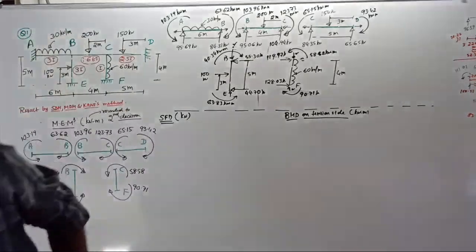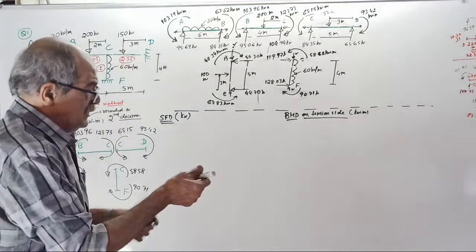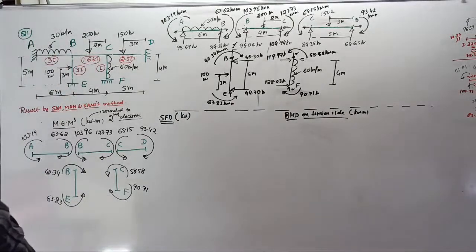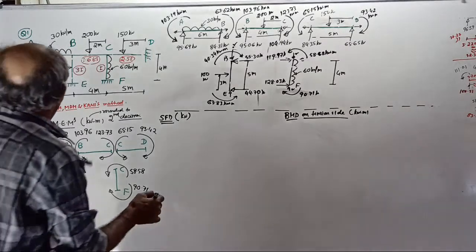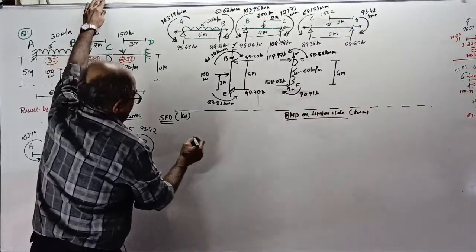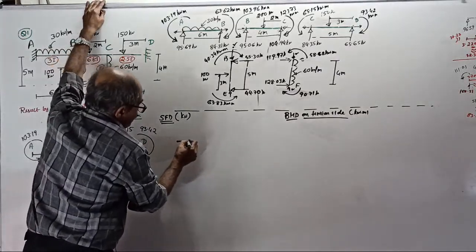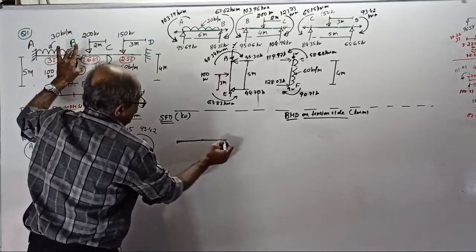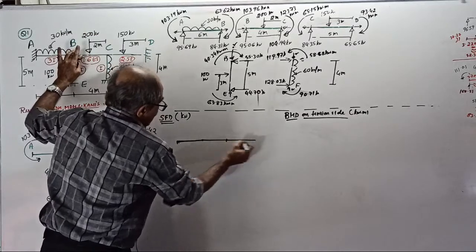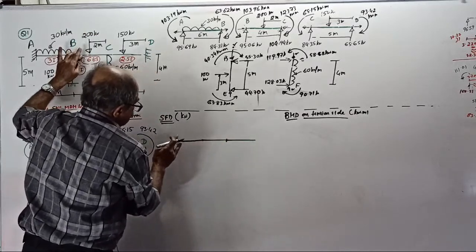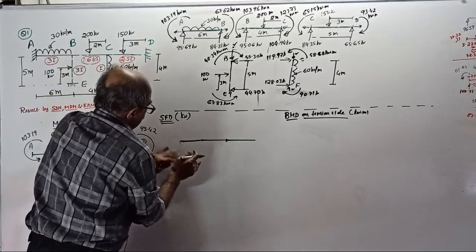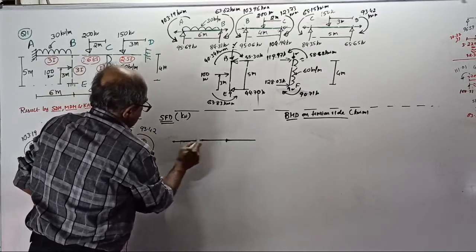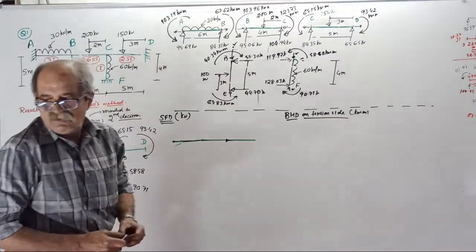I will prepare the frame here now. This time, remember, no gap. When you draw BMD, again same problem, all colors mix up. Shear force diagram, space is not there, so I write shorter. A, B, C, D, little bigger.